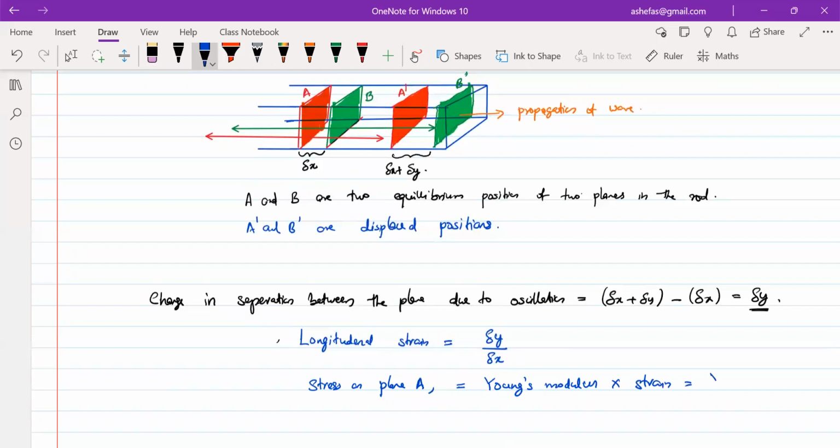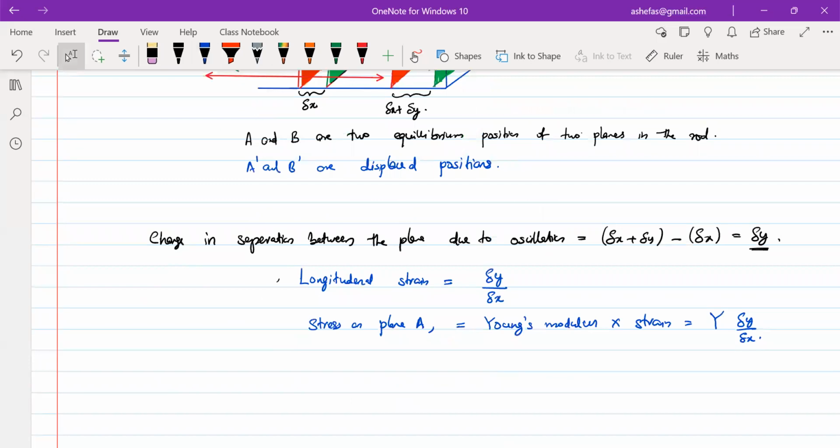So that would be equal to Young's modulus, capital Y, times delta Y by delta X. So for delta X tending to 0, stress would be equal to Y times dy by dx.